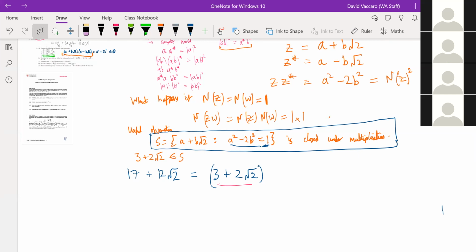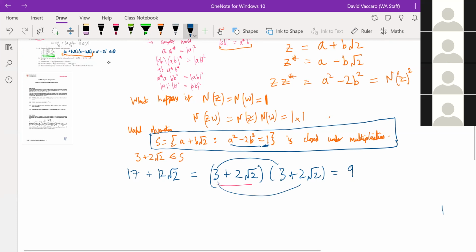What mathematical operation can I do to 3 plus 2 root 2 to get 17 plus 12 root 2? Yeah, I can square it. Let's just check that. If I square 3 plus 2 root 2, I get 3 times 3, which is 9. I get 3 times 2 root 2, which is 6 root 2. I get 2 root 2 times 3, which is 6 root 2. And then I get 2 root 2 times 2 root 2, which is 8. So I get 17 plus 12 root 2.